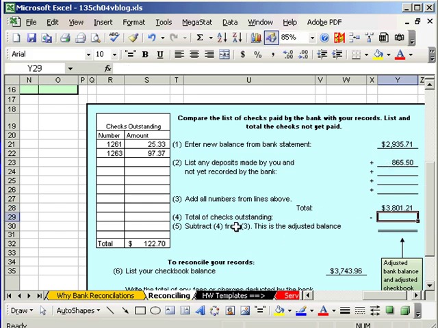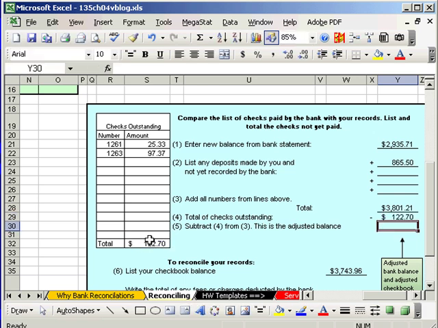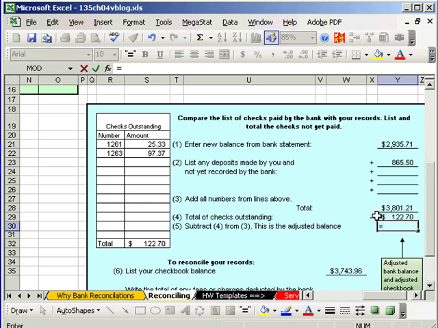Now, total of checks outstanding. Remember, the outstanding checks are the really good-looking, smart ones. Oh, no, just the ones that haven't been cashed yet. Equals, and click on this total right here. Now, there it is. It tells you total checks, and then it says subtract line 4 from 3. We probably could have figured that out without those, but that's pretty polite.